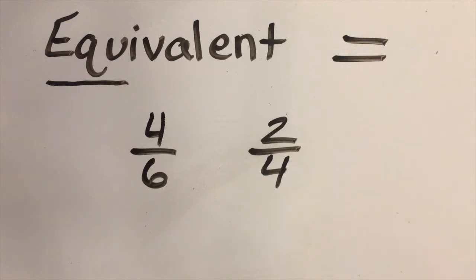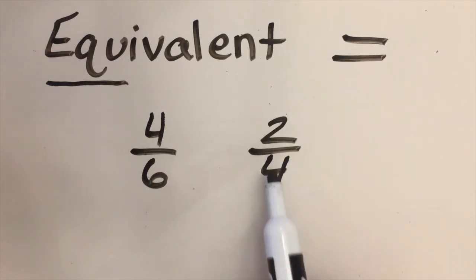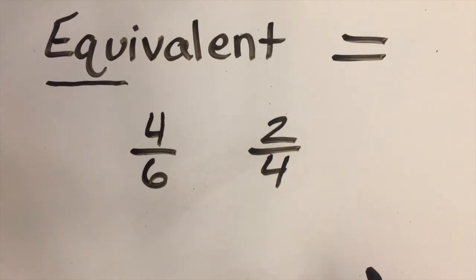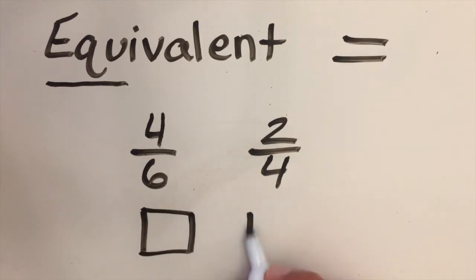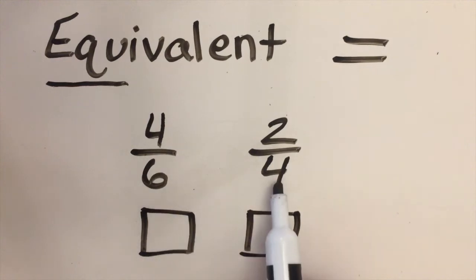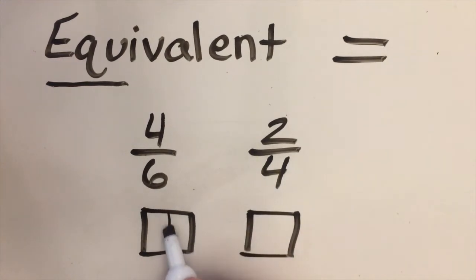Let's take a look at this problem. So we have 4/6 and we have 2/4. We can try the strategy I just showed. So draw a square to represent one whole. 6 and 4, the denominators are both an even number, so I can split each of those squares in half.